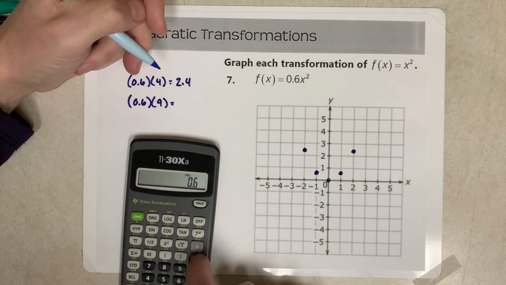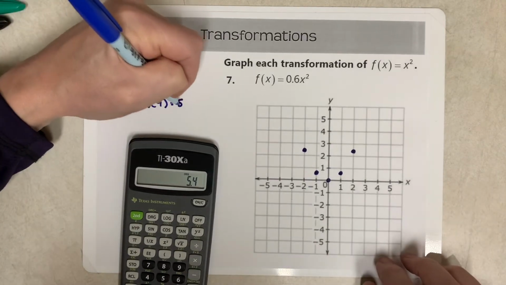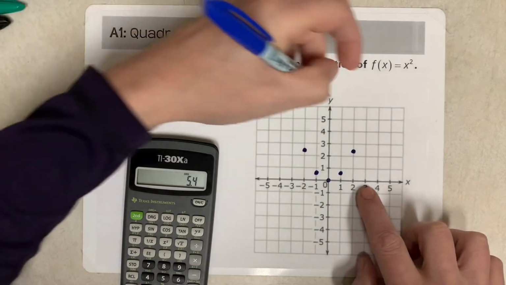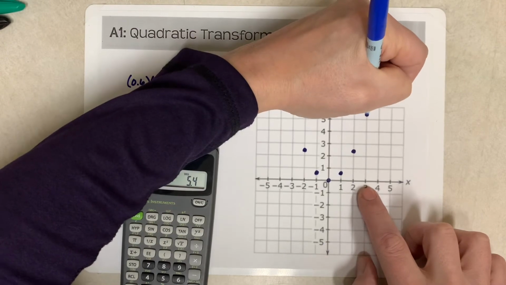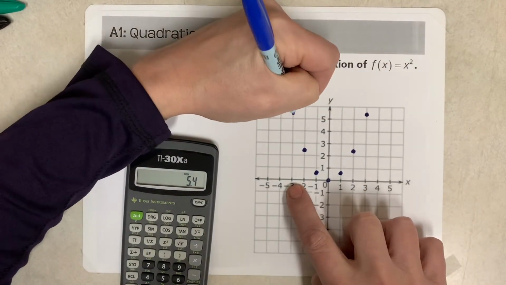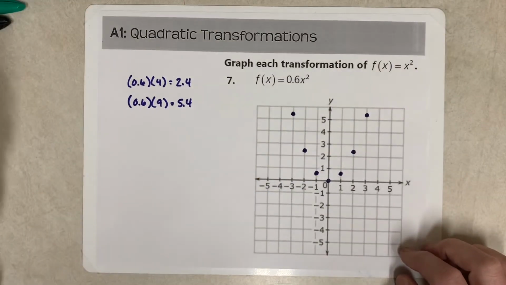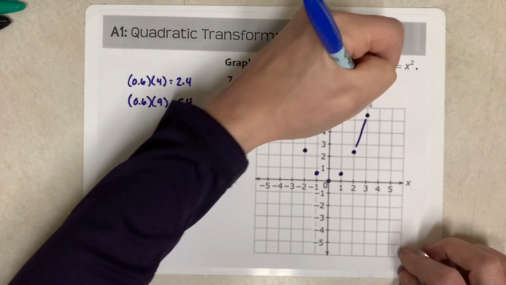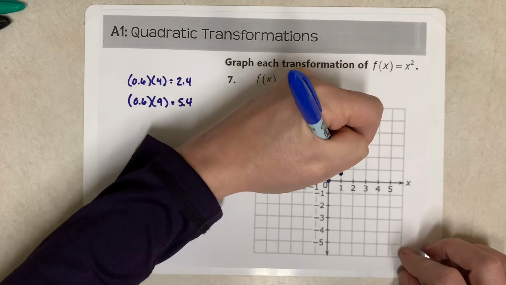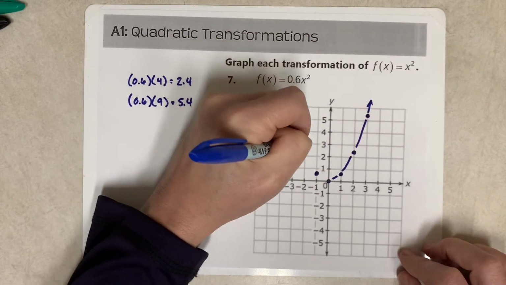So 0.6 times 9 is 5.4. So over 3 up 5.4 is going to be about right there. So that's all I can fit on there. So we're going to smoothly connect our points.